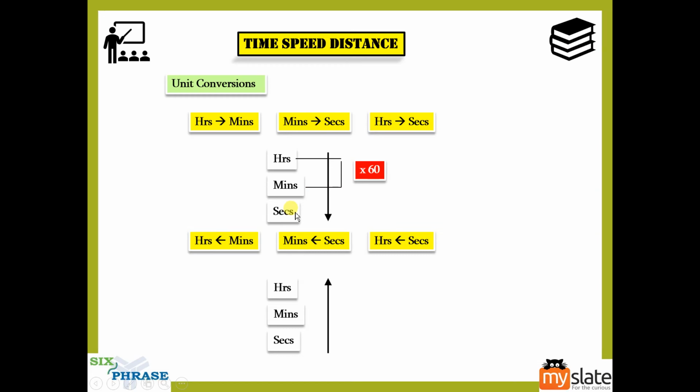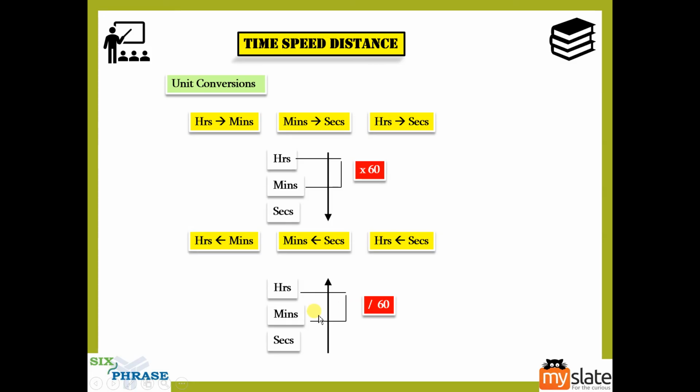But if I have to go the other way, you look at the order: hours, minutes, seconds. If you have to go from bottom to top, from seconds to minutes, or from minutes to hours, it is just one step. You're not jumping two steps. For one step it is 60, for two steps it will be 3600.